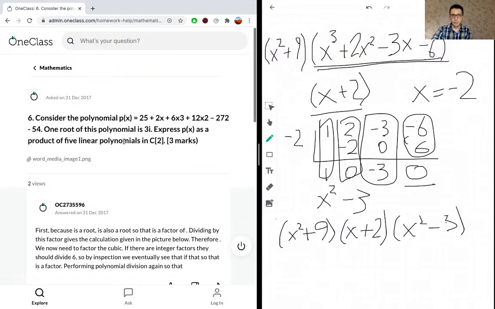The question is asking us for 5 linear polynomials. So we need all exponents of x to be to the power of 1, so no x squared. To simplify this even further, we know x squared plus 9 represents the roots positive and negative 3i, so we can say x minus 3i, and then we also have x plus 3i.